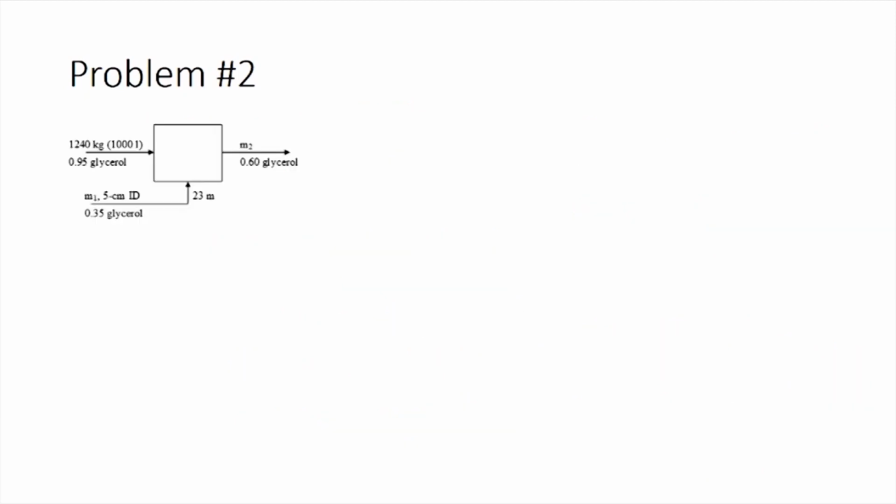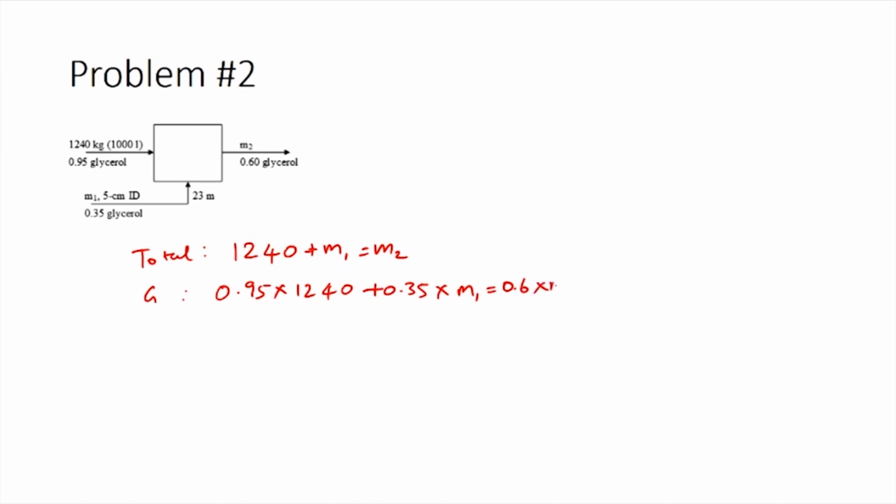Now that we have calculated the mass of the mixture which is coming in, we can perform simple material balance calculations to identify the mass of 35% glycerol which needs to be fed and the mass of 60% glycerol which will be produced. For that we can write a total mass balance, which would be 1240 plus M1 is equal to M2. We can also write a glycerol balance, which would be 0.95 times 1240 plus 0.35 times M1 is equal to 0.6 times M2.